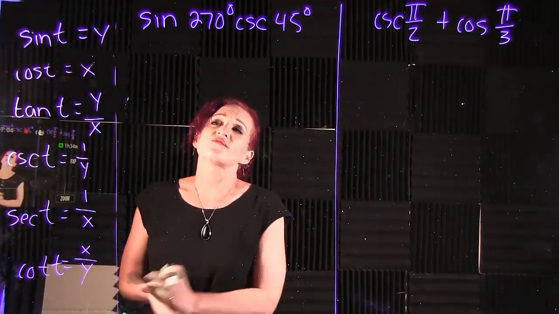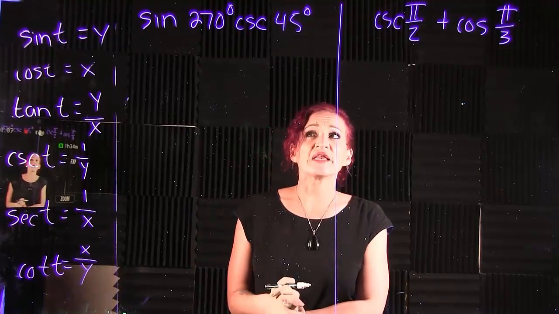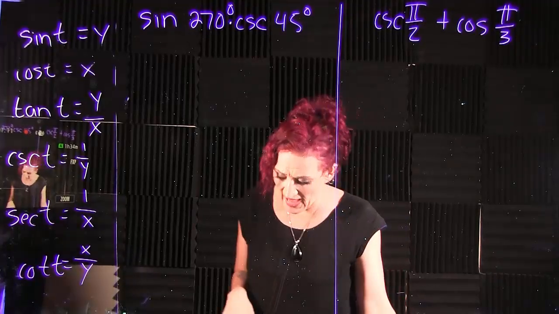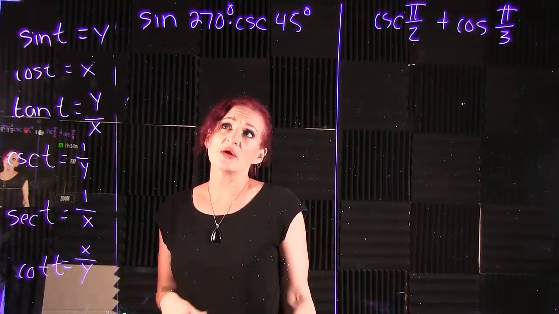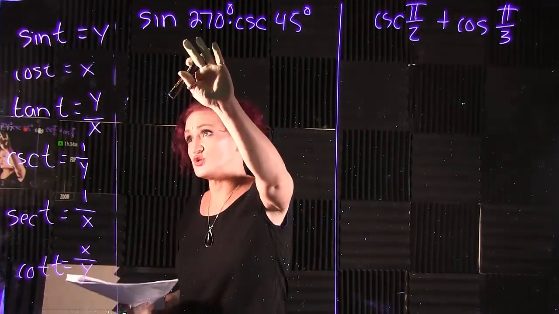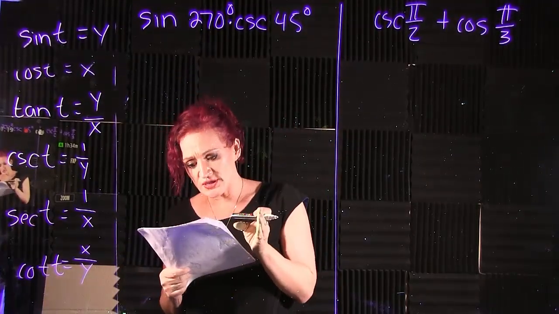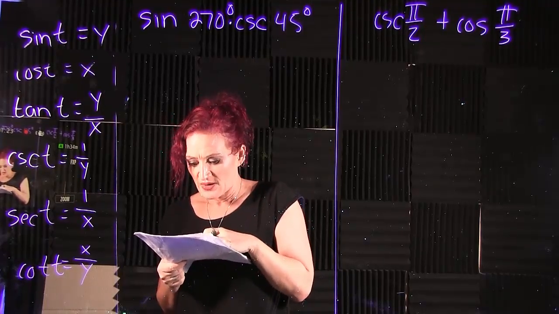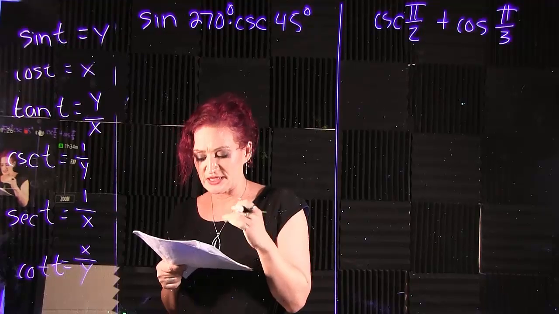So first example, we are talking about sine of 270 times cosecant of 45. Go to your unit circle and look up sine of 270. That's going to give you the point (0, -1).